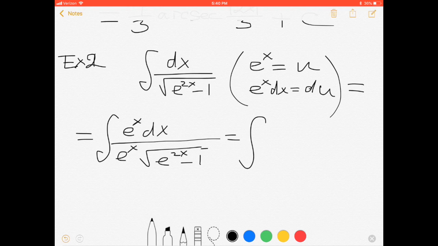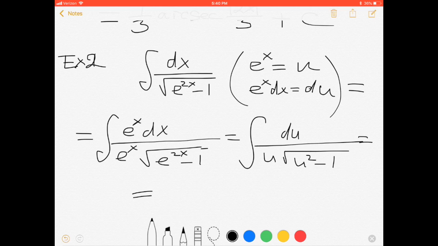Okay, what do we have here? We have du in our numerator. We have u times square root u squared minus 1. But this is exactly the table integral arcsecant u. Arcsecant absolute value u, but e to the power x is always positive. This means we have arcsecant e to the power x plus c. You can put parentheses here. It will be sure what arcsecant you take.